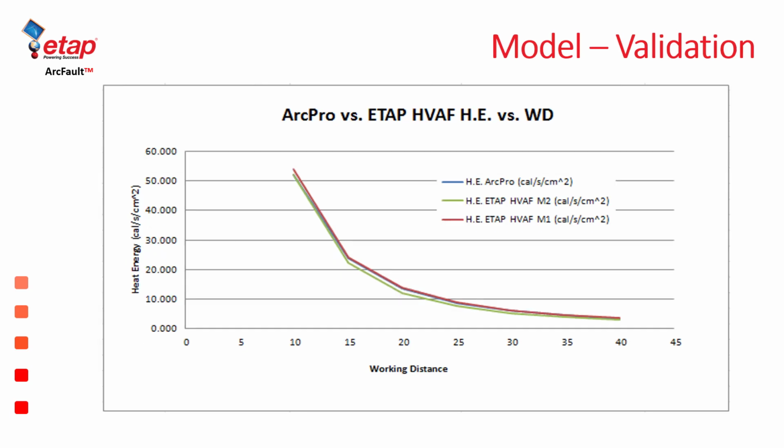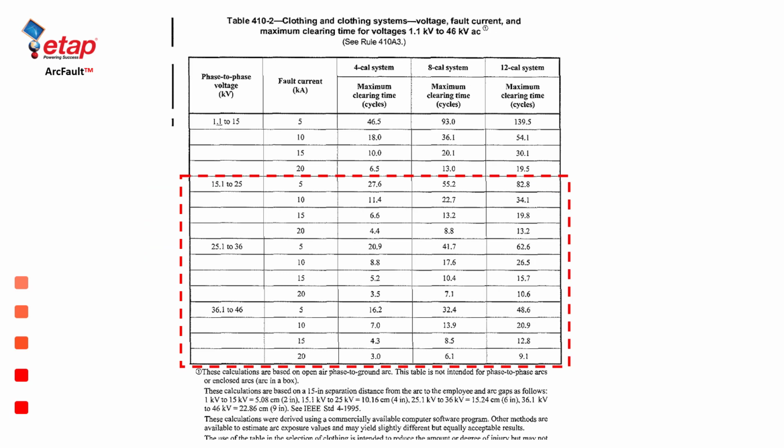Further comparisons, like I also mentioned, we use tables 410-2 and 3 of the National Electrical Safety Code C2 2012-2017, in which we approximated the conditions described on the table. In particular, the footnotes where the information about the gaps and the actual working distances that were utilized, and after inserting those parameters into ArcFault, we got various results within the estimated 4 calorie, 8 calorie, and 12 calorie systems.